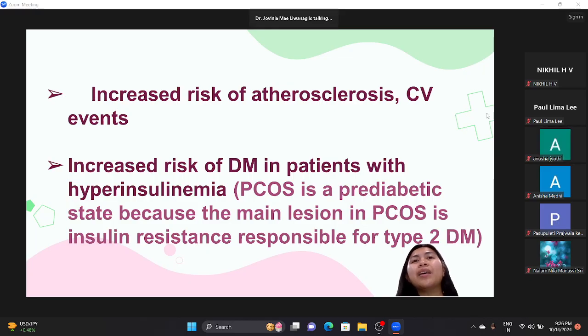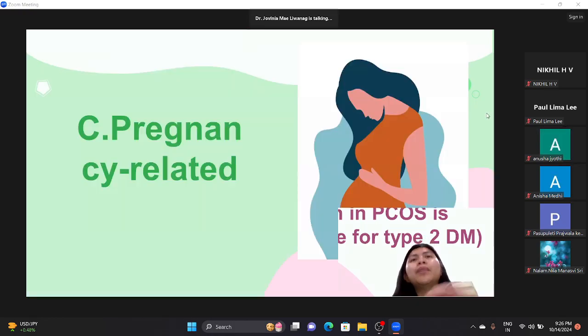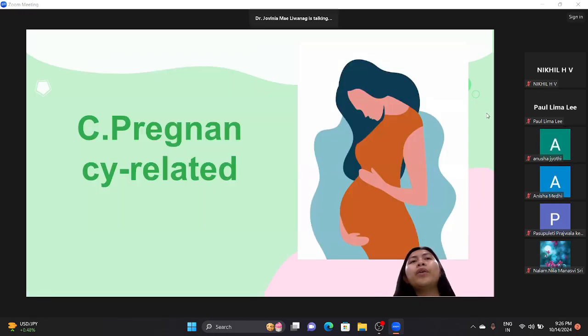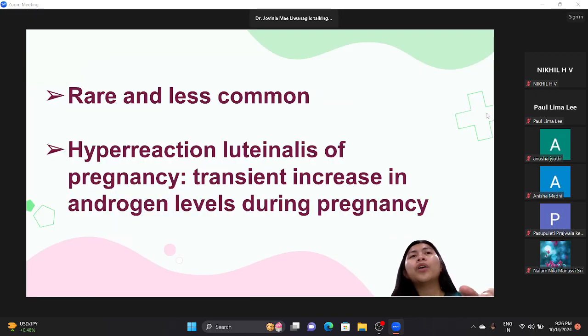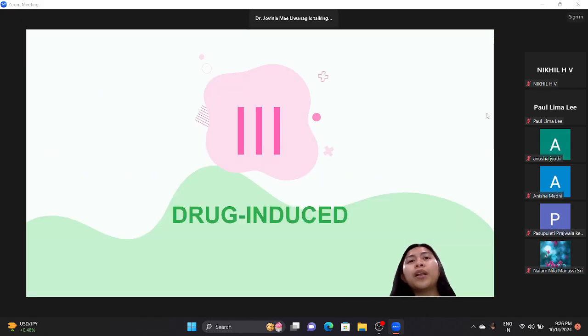The main lesion in PCOS is insulin resistance, which is responsible for type 2 diabetes. So remember that. We also have pregnancy related. It is rare and less common. Usually, there's a hyperreaction luteinalis of pregnancy, which is a transient increase in androgen level. But eventually, it will go back to normal once the baby is delivered.